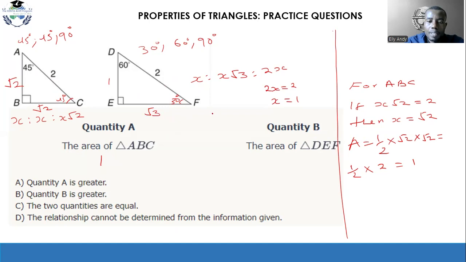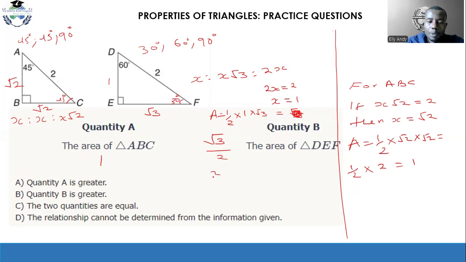So for this one, the area will be a half times 1 times root 3, sorry, this should be root 3 over 2.